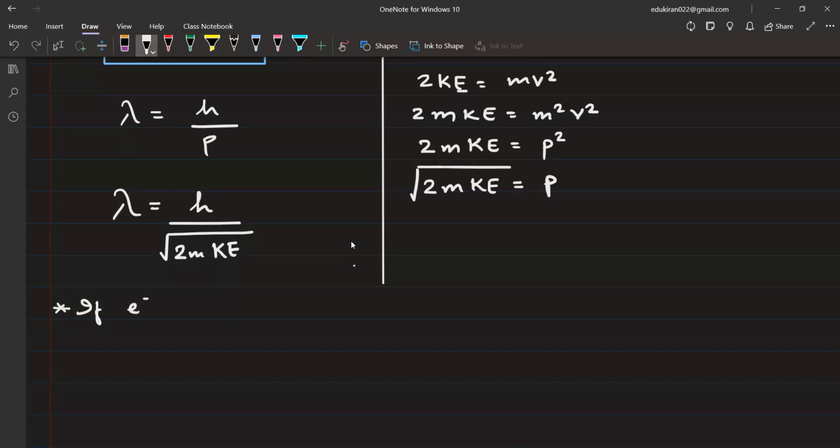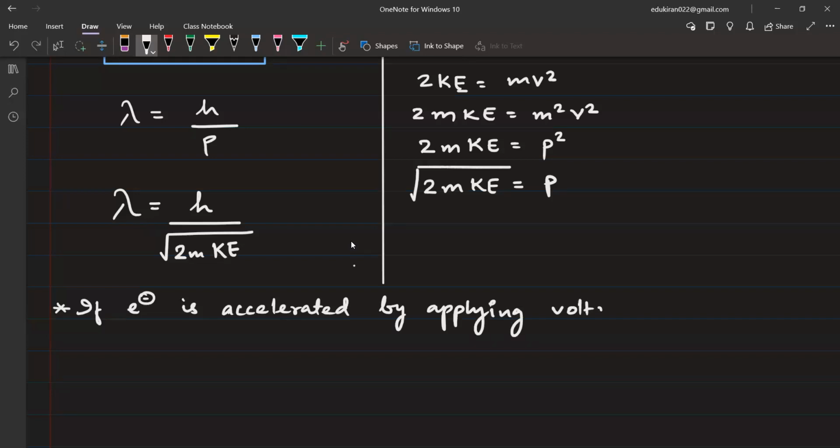If an electron is accelerated by applying voltage V, then kinetic energy is equal to electron volts.